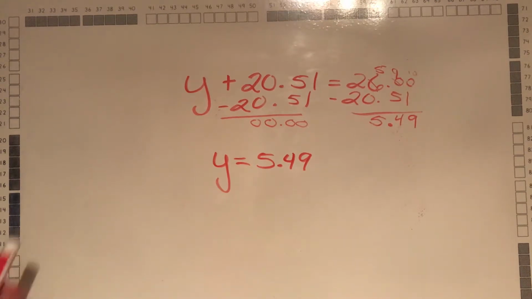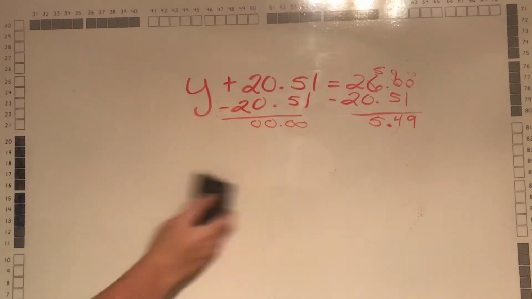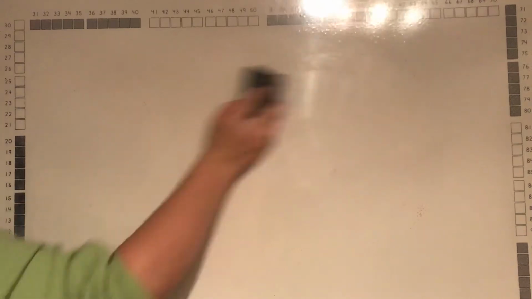Okay, so that's for adding and subtracting, solving for the equation. Let's do an example of both multiplying and dividing when we're solving for the equation. Okay, so go down to example 2a.